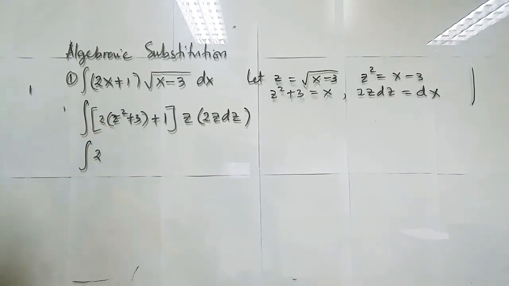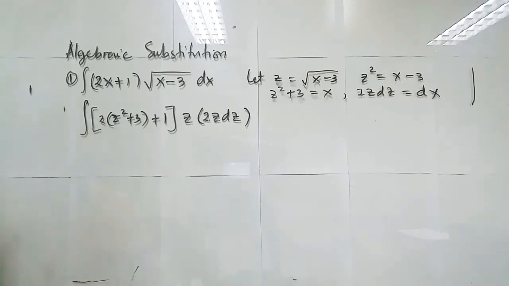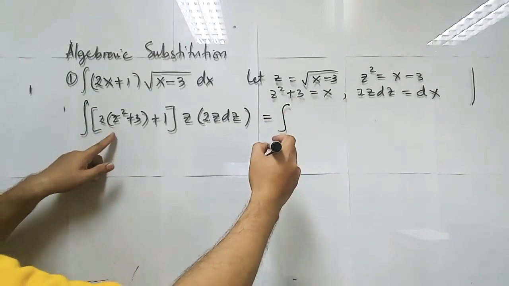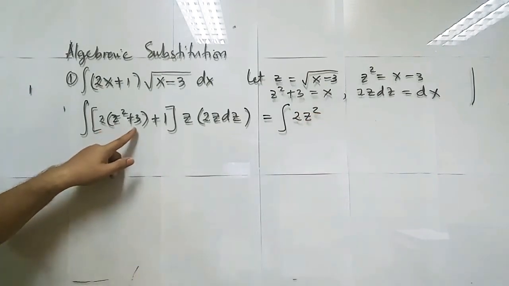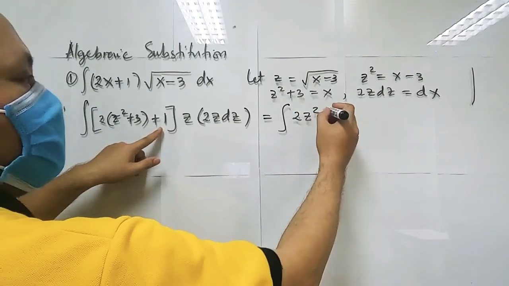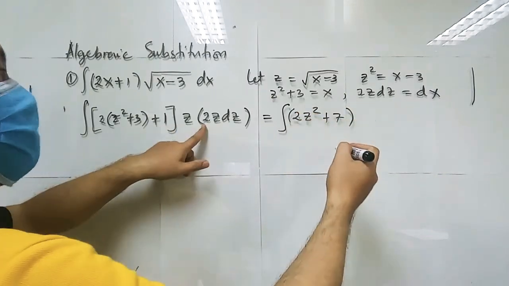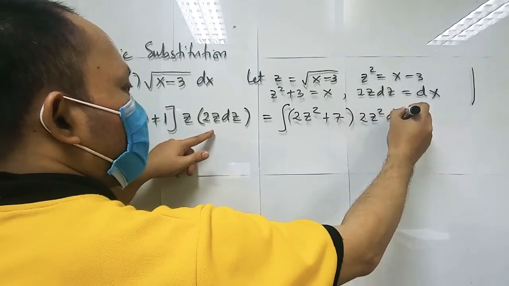Okay, so we will continue here. That is equivalent to the integral of 2z squared, 2 times 3, 6 plus 1, that is 7, and then multiplied by 2z squared dz.